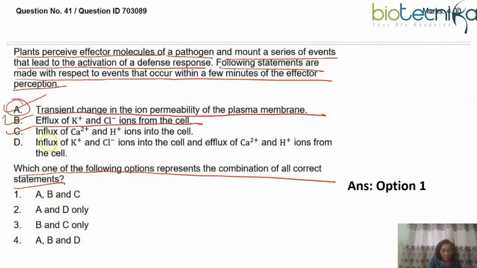Statement C is also correct. On one hand, it is allowing the efflux of potassium and chloride ions. On the other hand, it allows the influx of calcium and protons into the cell. Now, if you studied this topic, stress physiology in plants, you would know that calcium is one of the main signaling components in all the signaling pathways.